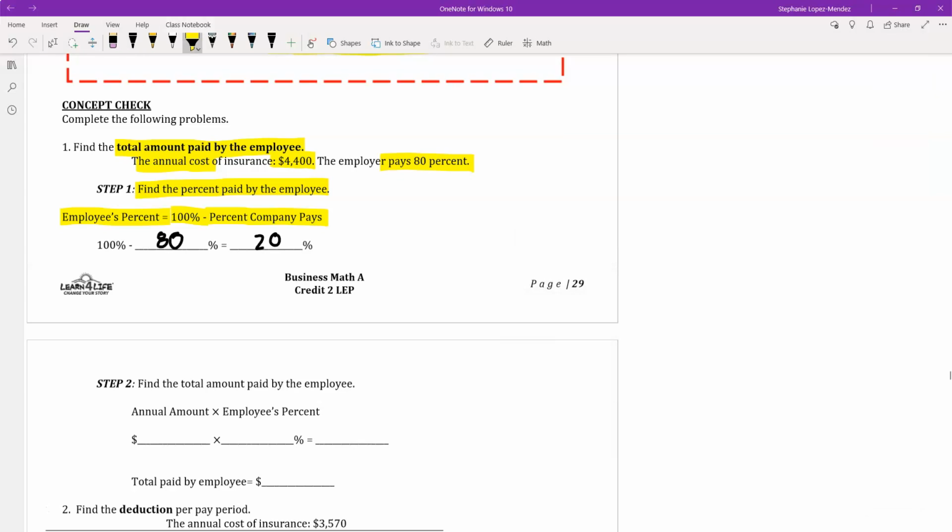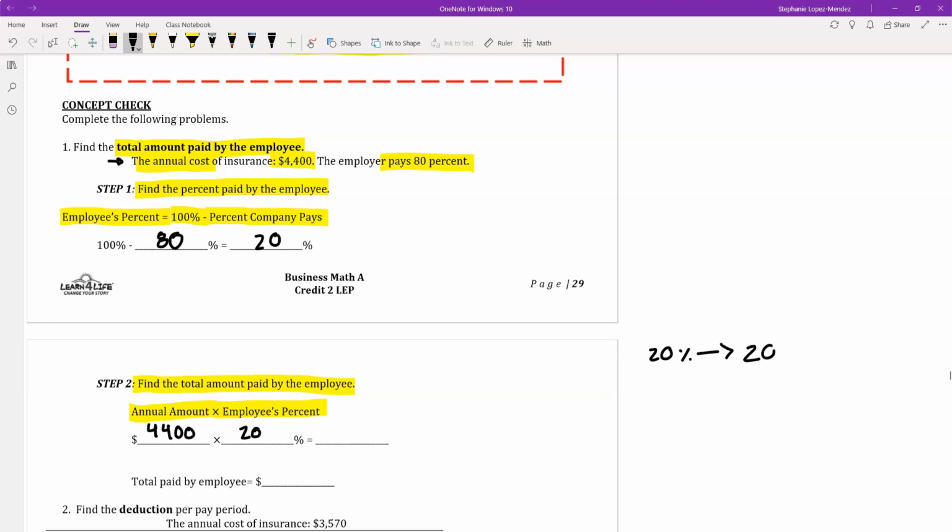Step number 2 says find the total amount paid by the employee. I am going to use the formula annual amount times the employee's percent. The annual amount is the annual cost of insurance, $4,400, times 20%. We cannot work with the percent, so I'm going to convert it to a decimal.